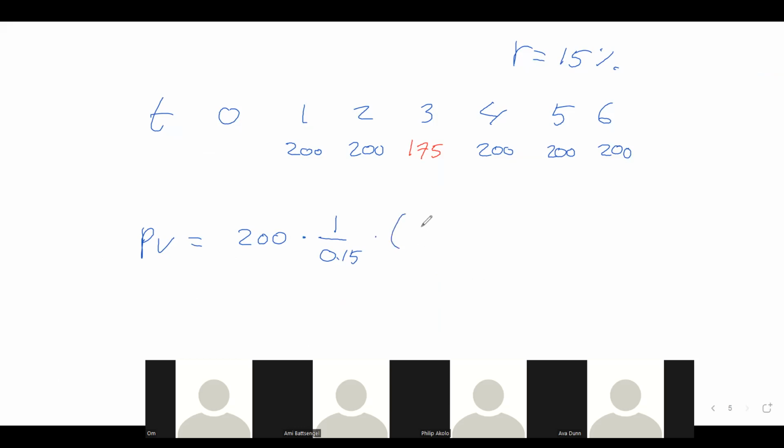Times 1 minus 1 divided by 1.15. And what should I put in the power here? 6. Is 6. And this is if I would get 200 euro each year. So very good. The problem is I didn't get 200 euro in year 3. I only got 175. So how should I correct for that?